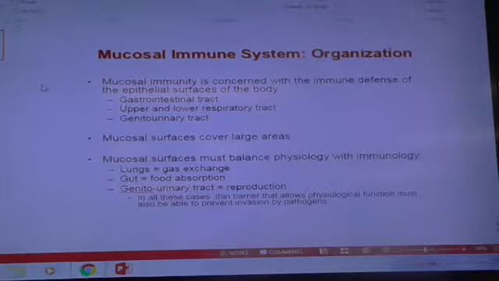Mucosal surfaces are there in the gastrointestinal tract, starting from the nasopharyngeal region, oral region, then the respiratory tract and the genitourinary tract, all are having mucosal surfaces, and they have to be protected.